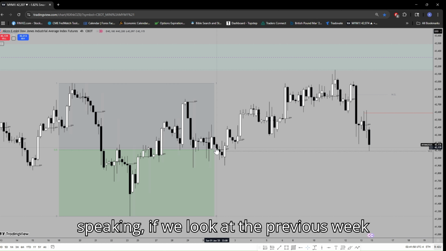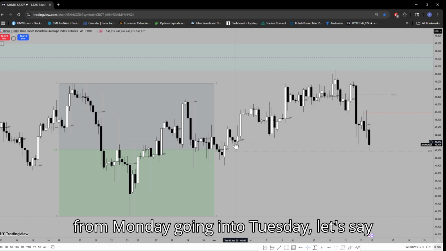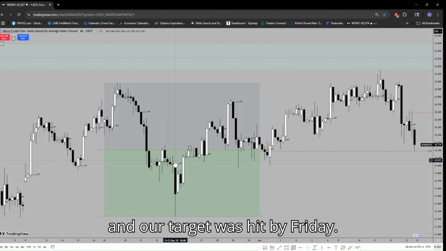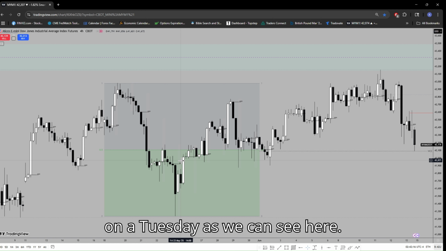But generally speaking, if we look at the previous week's price action, we had our entry from Monday going into Tuesday, let's say Tuesday, and our target was hit by Friday. The week before that, the expansion happened on a Tuesday, as we can see here.